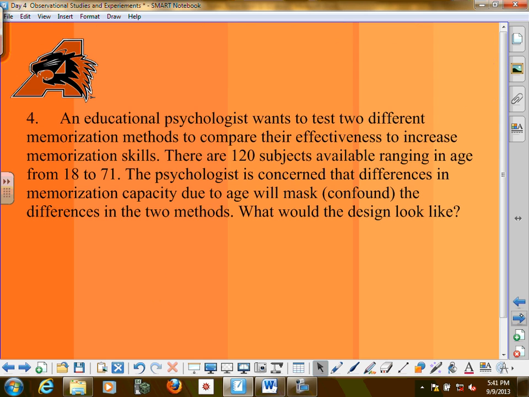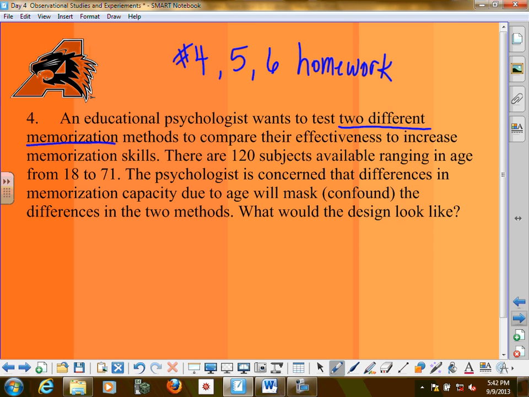Now, before I leave you to do numbers 4, 5, and 6 for homework, okay, you can work on this in class if you have a little bit of time, especially on this number 4. We want to test 2 different memorization methods. They are wide ranged in age of the 120 subjects.